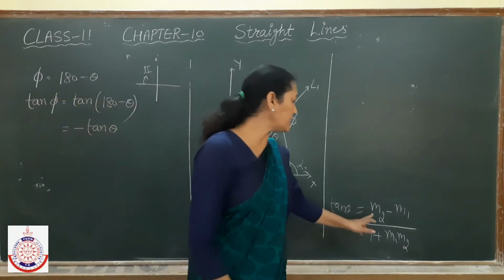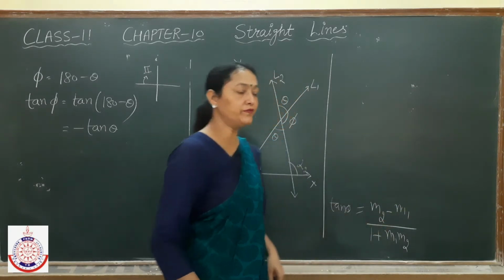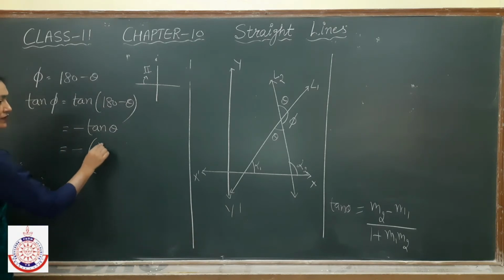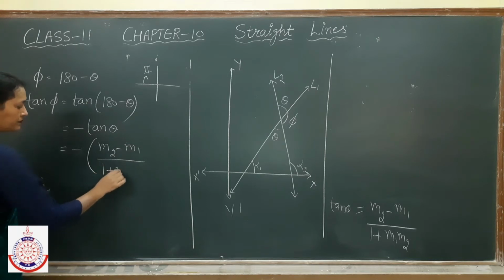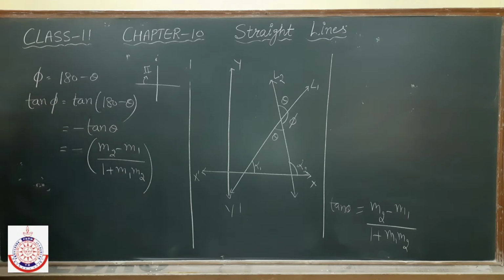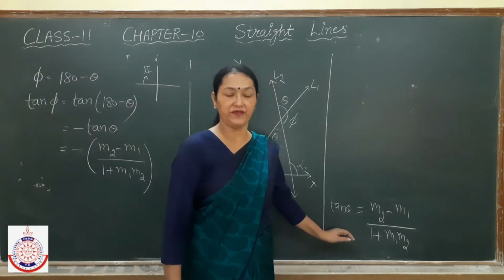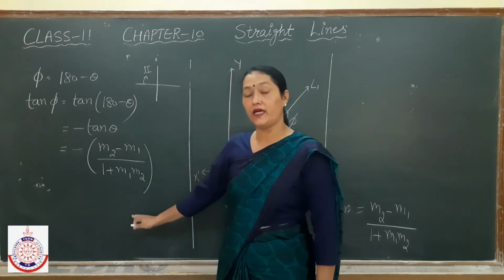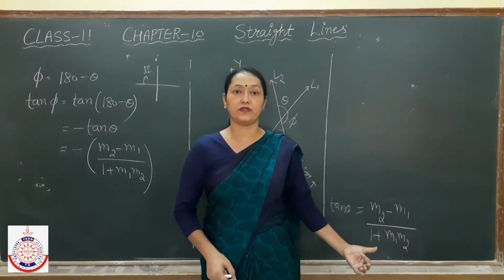And the value of tangent theta we have obtained as m2 minus m1 upon 1 plus m1 m2. That means tangent phi comes out to be the negative of that value. So what we have seen is, if tangent theta is positive, then tangent phi will come out to be negative. And in case tangent phi is positive, then tangent theta will be negative.